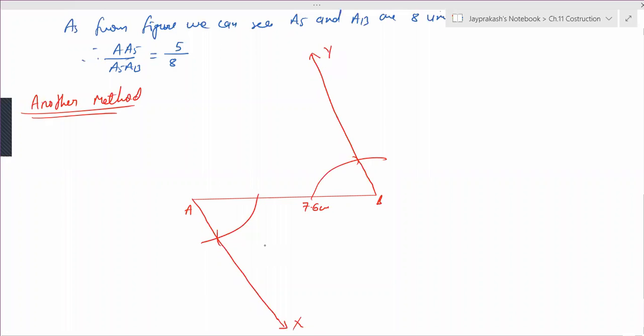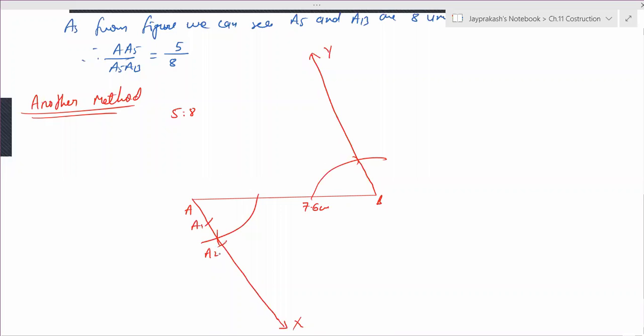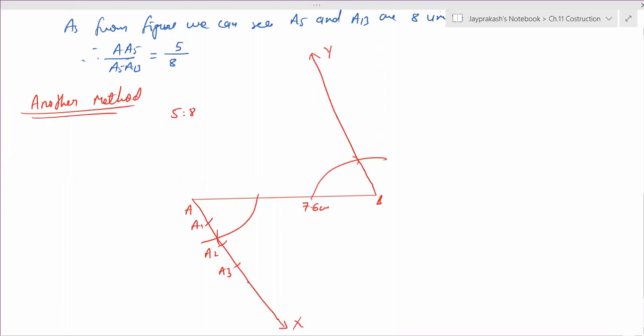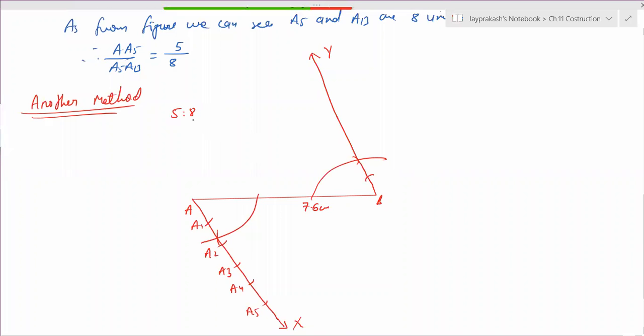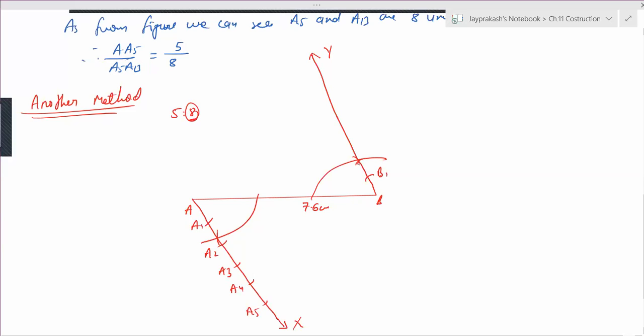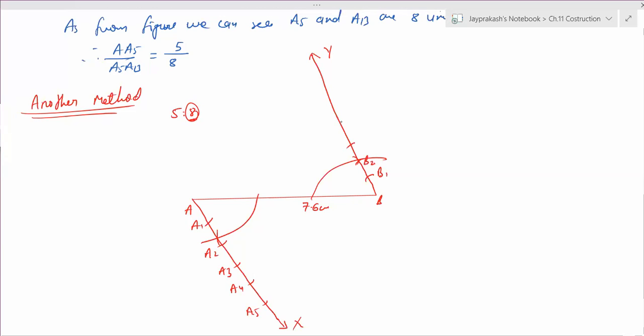So now we need first part as a ratio of 5:8. तो इस लोअर पोर्शन में 8 आर्क कट करो, A1 A2 A3 A4 A5. Now with the same radius cut 8 arc on the ray BY. So B1 B2 3 4 5 6 7 8.